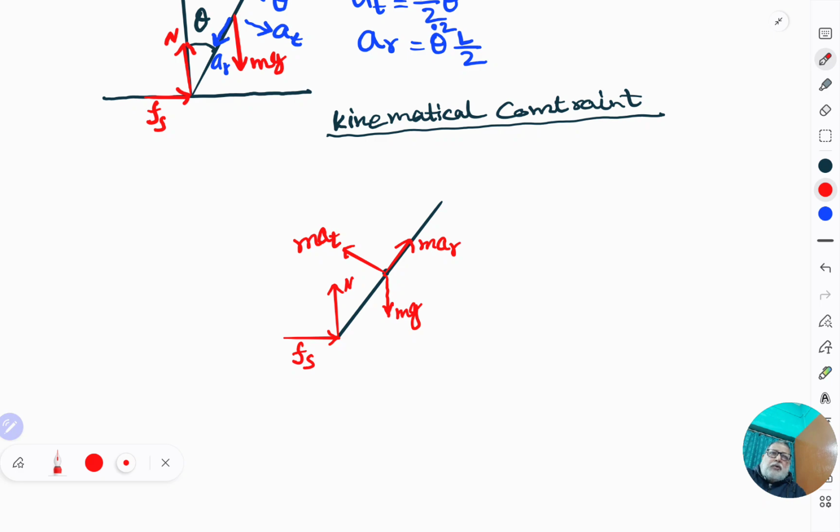It is this force which we don't find from the inertial frame. It is only observed in this non-inertial frame, in your frame, the rotating frame of the vehicle. You are in the non-inertial frame, so you really experience this pseudo force trying to throw you out. This is what a pseudo force is. It is a real force in the non-inertial frame of reference.